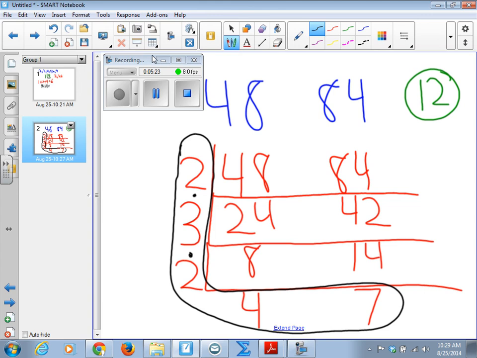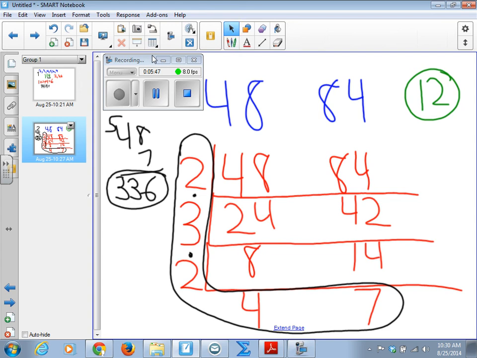So we know that 2 times 3 is 6, times 2 is 12, times 4 is 48, then 48 times 7, let's write this up so I can see it, becomes 336. So the least common multiple is 336. The greatest common factor is 12. Please refer to your textbook for any further questions about this, or come see me outside of class time.